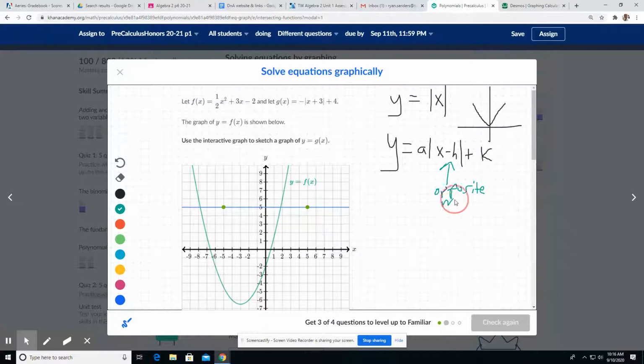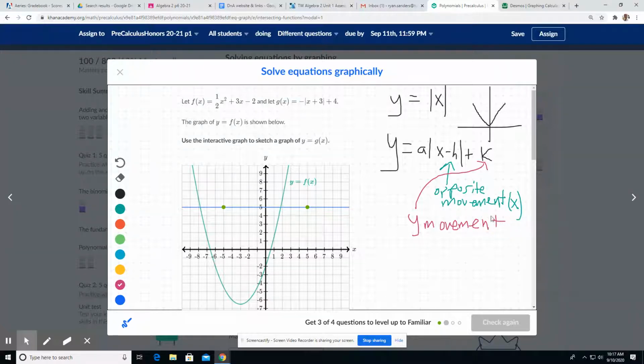It's an opposite movement, because we have the negative right here. So whatever that number is, I just think of it as an opposite movement, left and right. That's our x. And then our k is y movement, so that's your up and down movement.